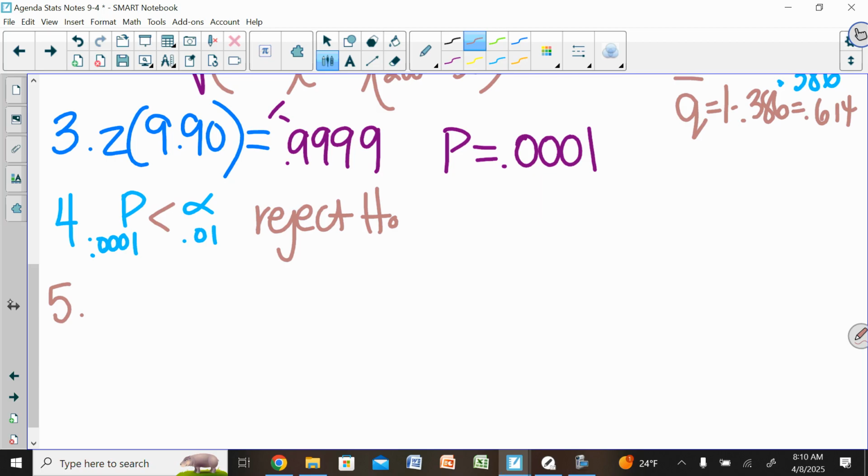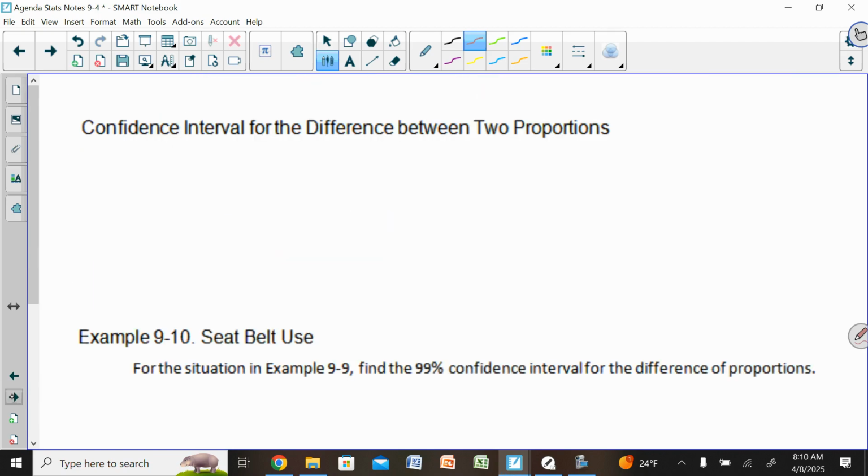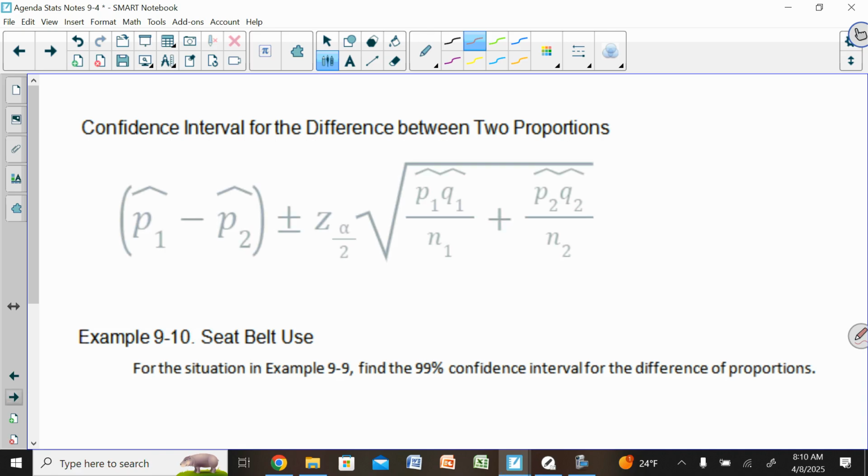Last but not least, let's go ahead and talk about the confidence interval. So the confidence interval for the difference between two proportions looks like this. p hat 1 minus p hat 2, plus and minus my z of alpha over 2, times, this one's where all this extra stuff comes in, the square root of p hat 1 times q hat 1 over n1.